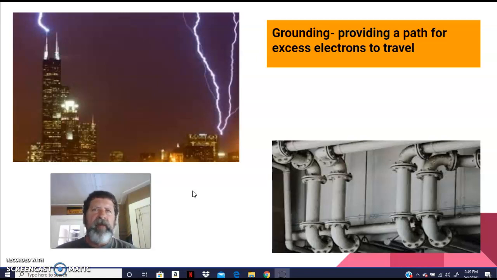You have plumbing that goes down eventually into the ground, and electrons would just pass right through. If they were to hit your roof or a tree nearby, they would pass through pipes into the ground. The biggest buildings in any community usually have lightning rods on them. Even if you look at some of the big, tall buildings around Dallas, you'll see lightning rods on top of them just to pass those electrons to the ground.